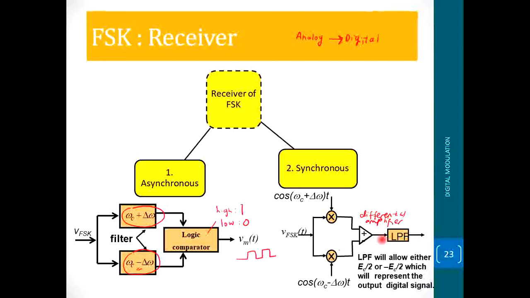This low pass filter will allow the signal EC over 2 or negative EC over 2, representing the digital signal, to pass through. The output is a digital signal. This is the two methods of FSK receiver.